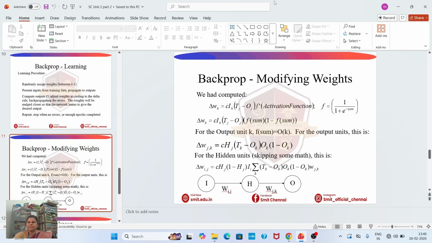Then the weight update for the hidden layer, the third line, skipping some math.